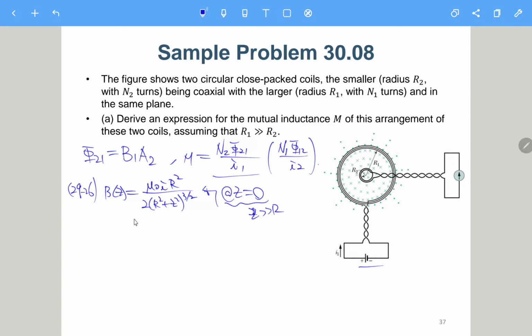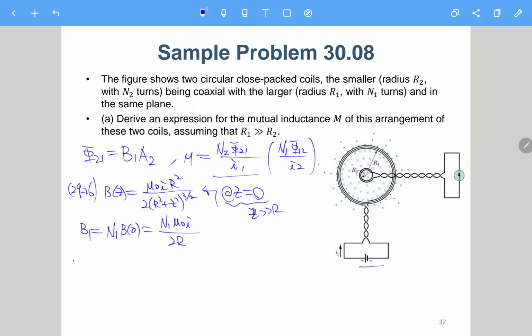So B1 is N1 times B of 0. With z equal to 0, we have R cubed, which partly cancels with the R squared in the numerator, so we have 2R in the denominator and N1 mu 0 I. So this is B1.